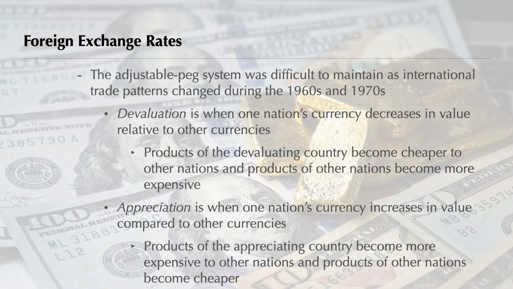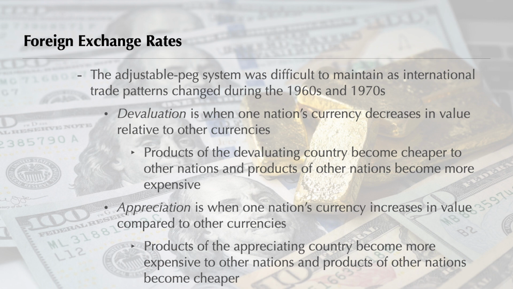On the other hand, when a nation's currency increases in value compared to other currencies, appreciation has occurred. Following this appreciation, that nation's products will become more expensive for people who purchase them in other countries. Additionally, other countries' products will become relatively less expensive in the nation with the appreciating currency.